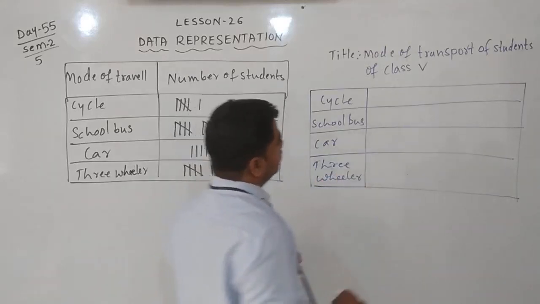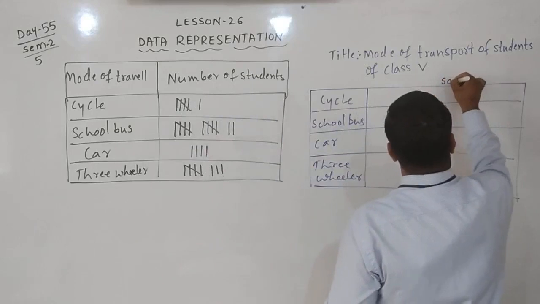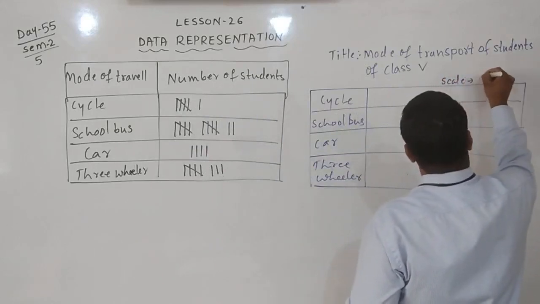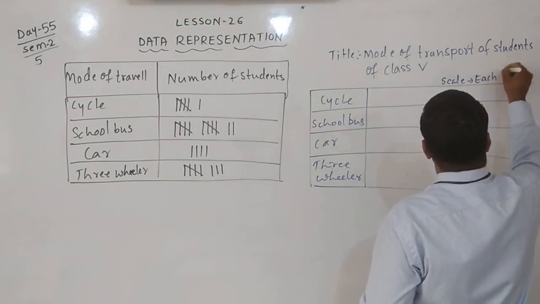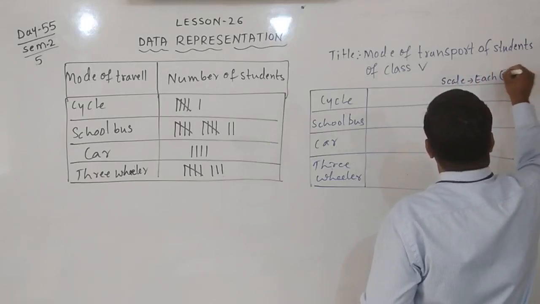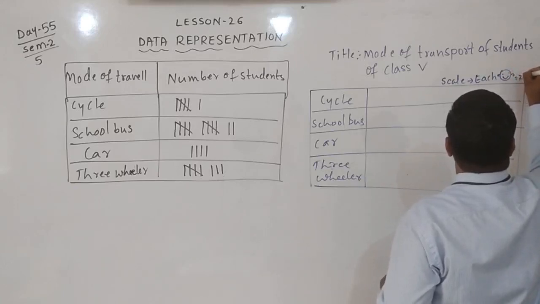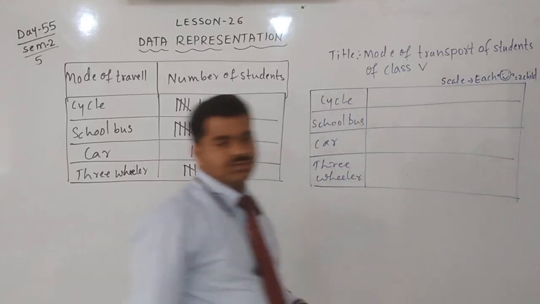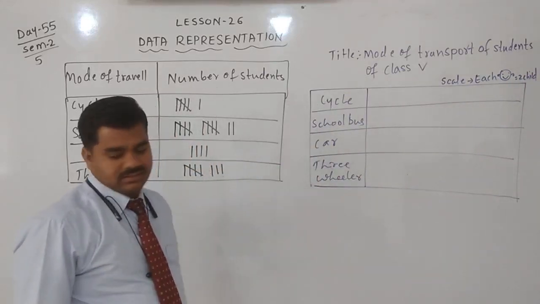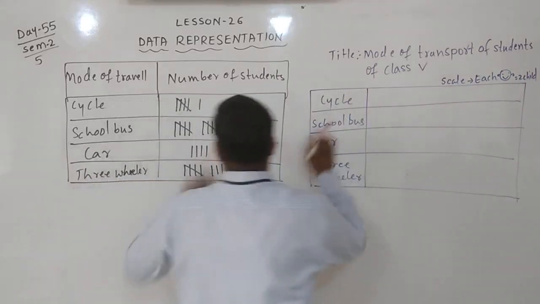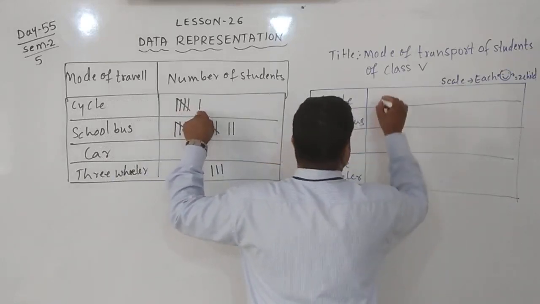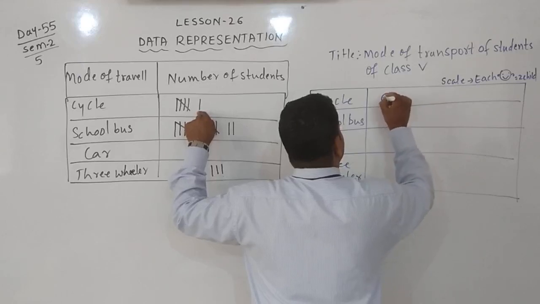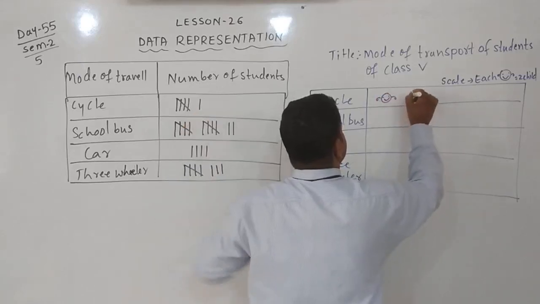Here the scale: each space of a child shows 2 children. Then by cycle, how many are coming? 1, 2, 3, 4, 5, and 1, 6. Then we can write 3 faces.